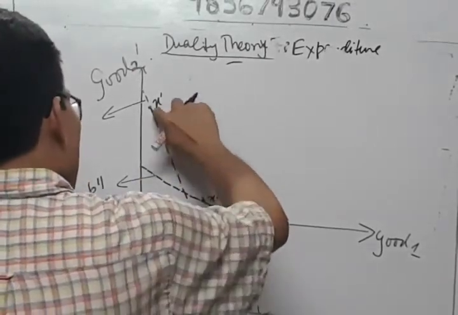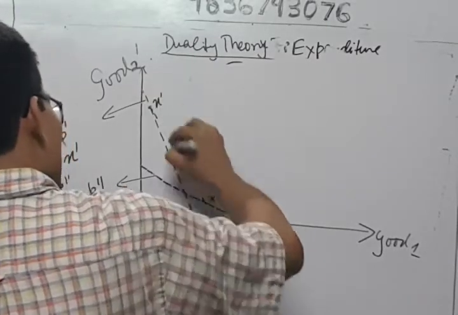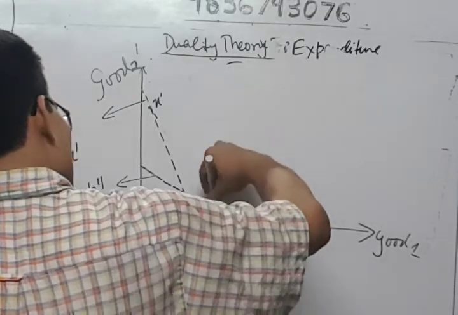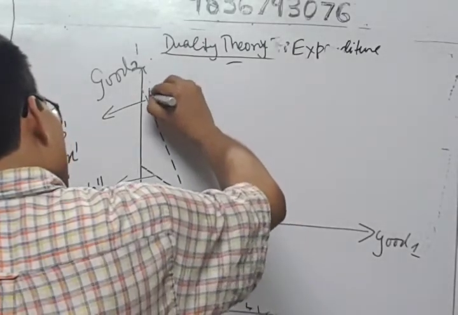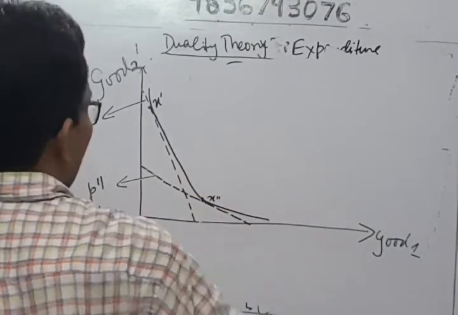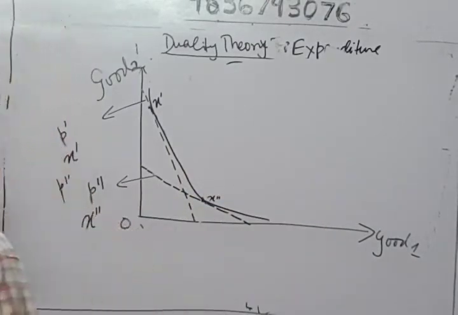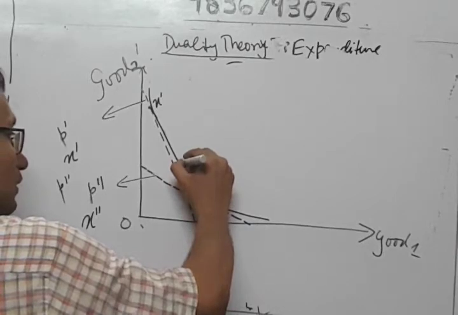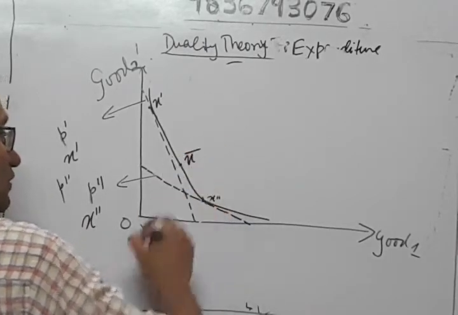Let me draw this if possible. So we can now also draw the indifference curve. So this is the indifference curve, and let us assume that the new consumption bundle X̄ is again on the same indifference curve.